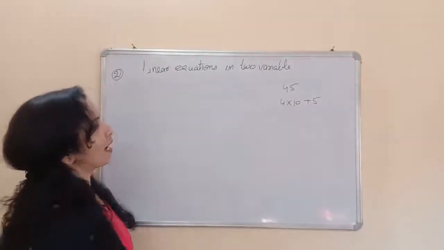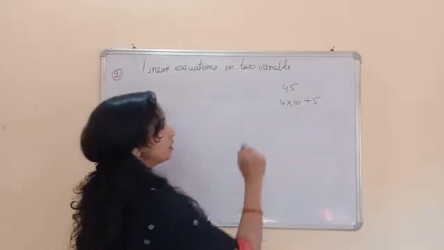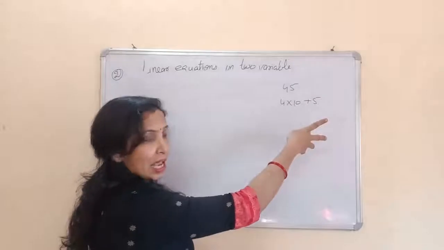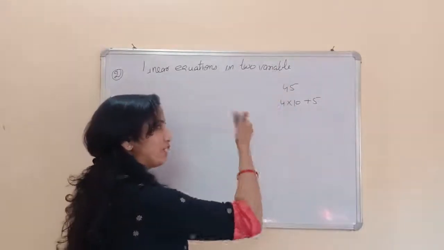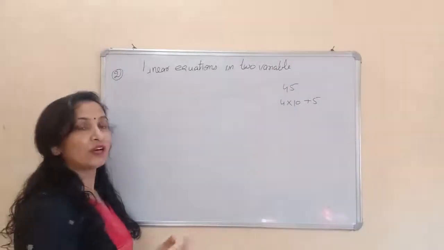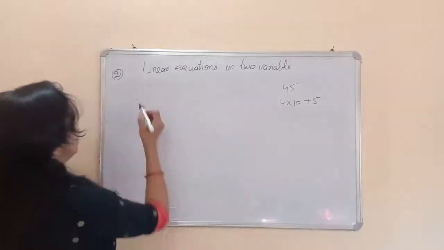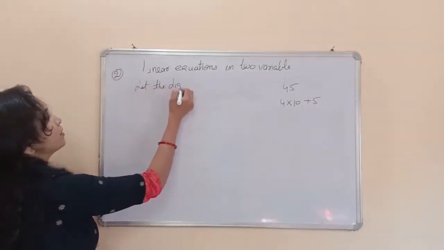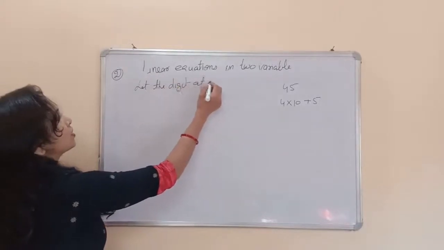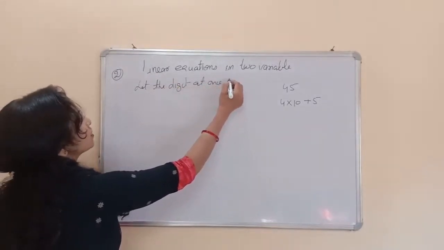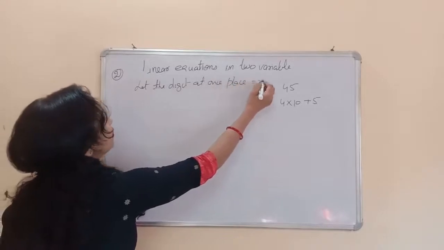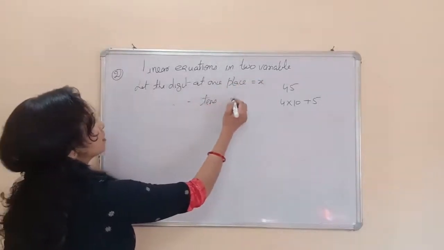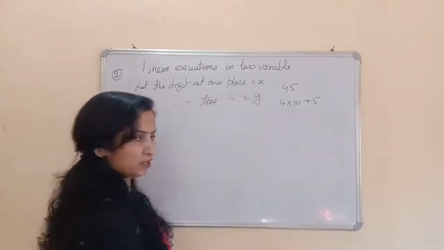So in a 2-digit number, the number at the ones place we will write as it is, and the number at the tens place we have to multiply by 10 for writing the expanded form. Like, let the digit at ones place be x and the digit at tens place be y.